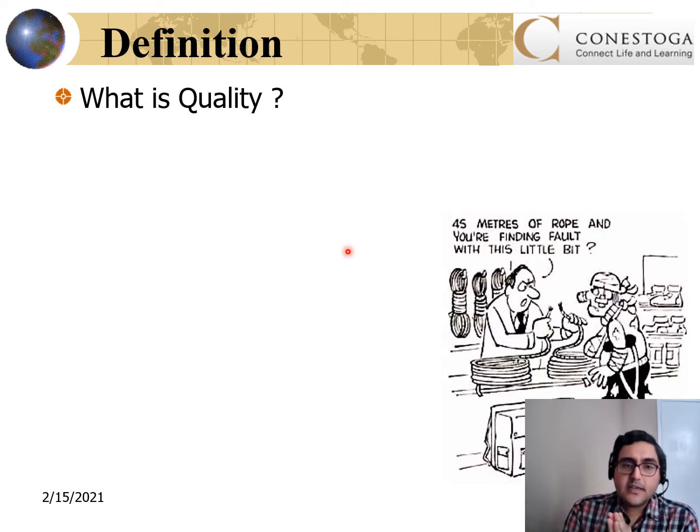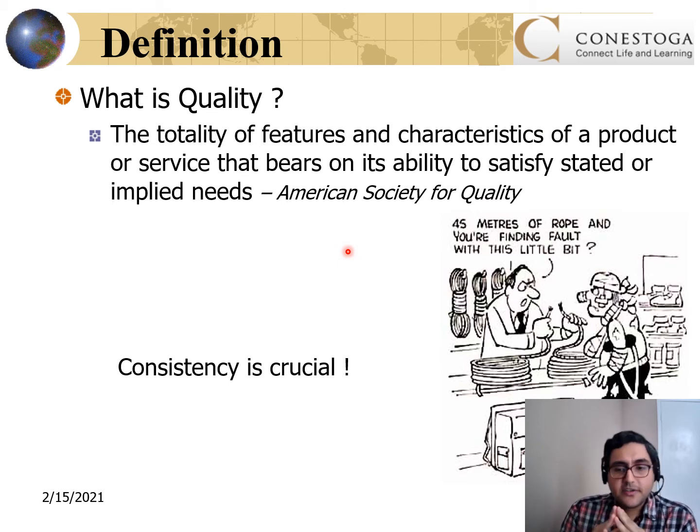So now we will start our definition of quality. You might remember I mentioned in the last week or the week before that quality is always a subjective concept. It is based on the perception of the customer. So when you go to Dollarama and purchase an item, you are spending only say $4 for buying that item.